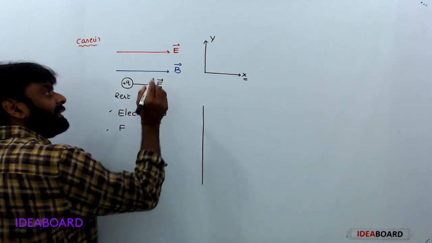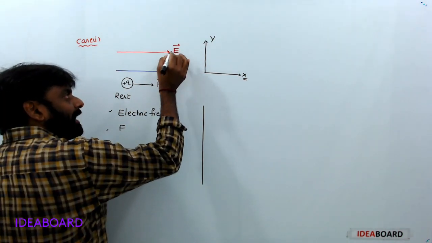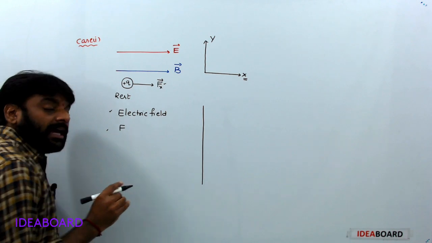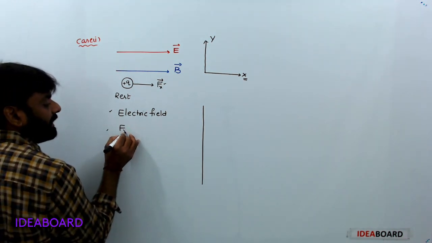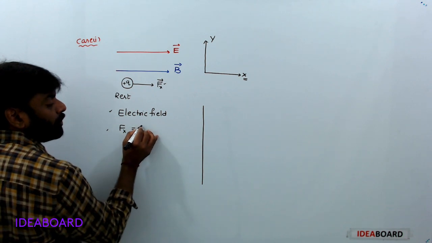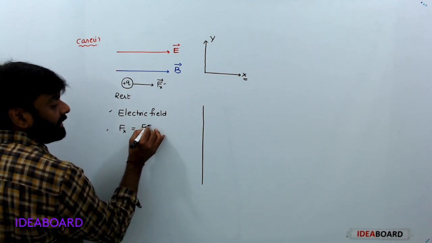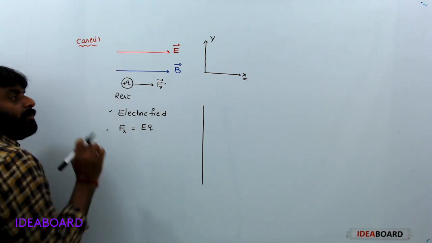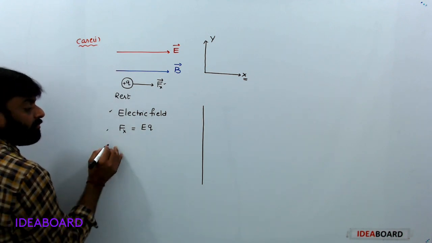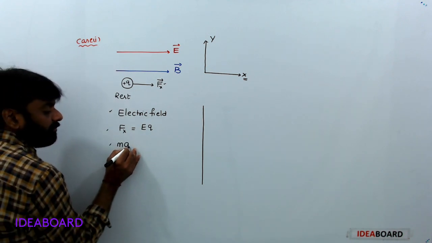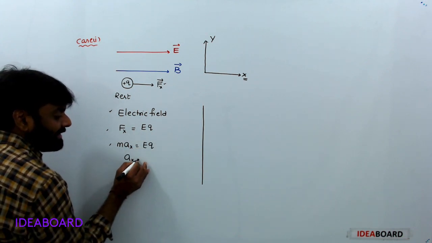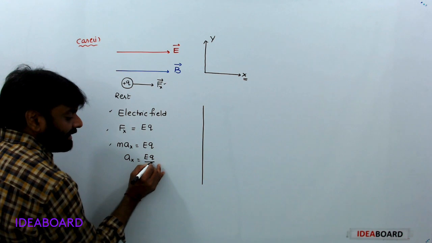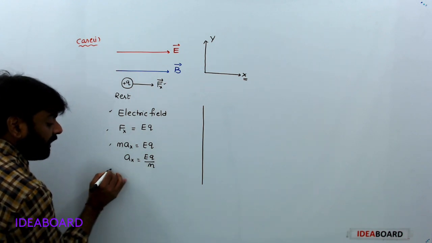The force on the charged particle due to the electric field is along the x direction. Force Fx is equal to EQ, because it is a positive charge. M Ax is equal to EQ. Acceleration of the charged particle is EQ by M.